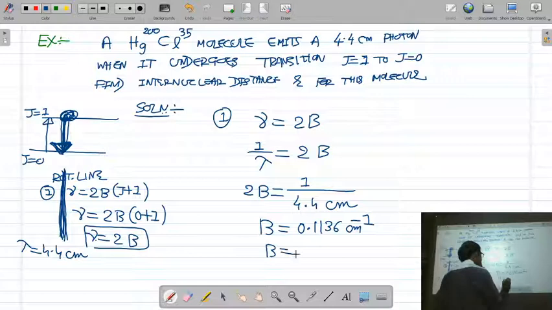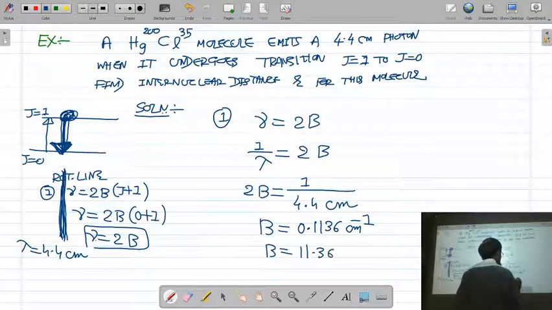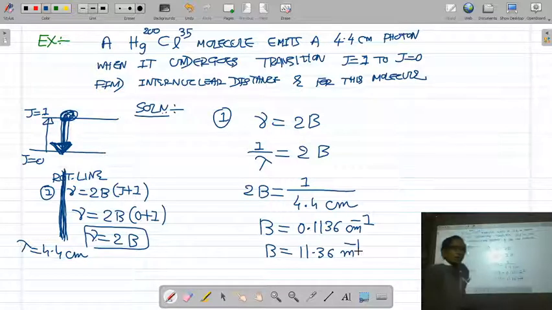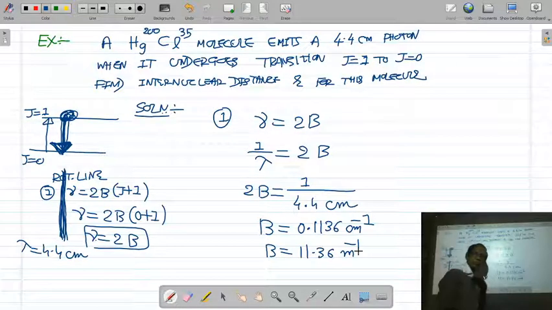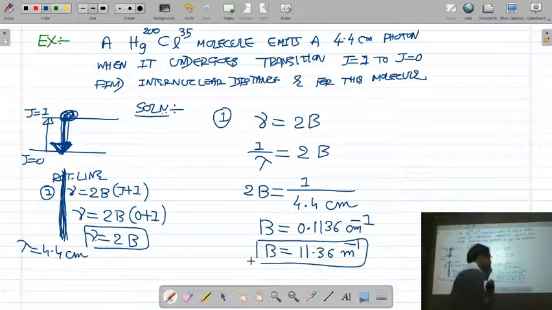If you want to write the value of B in meter inverse, it is 11.36 meter inverse. So from the wave number of the rotational line mu is equal to 2B, we got the rotational constant B, that is 11.36 meter inverse.